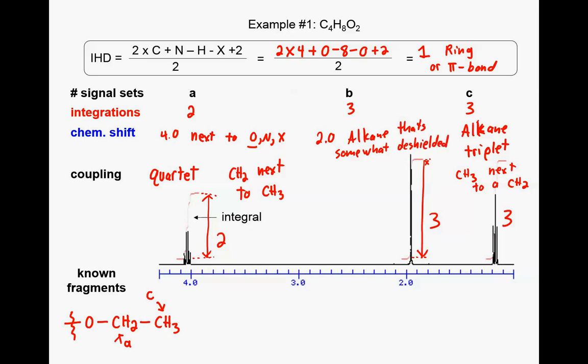All right, so it's not just an alkane with no electronegative atom nearby. And it's not like this peak right here. So we know it's not directly next to an oxygen because we would expect it to be somewhere around 4. So it's kind of in the middle, which indicates that there's something going on to account for that shifting. But we don't really have enough information to know what it is.